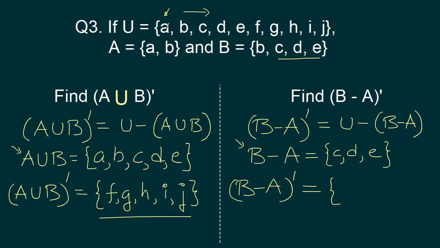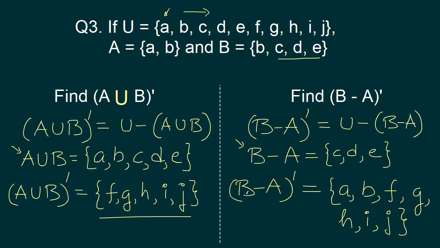So we can write all elements of the universal set except C, D, E. So A, B, we write, C, D, E we skip, and then F, G, H, I, J. So F, G, H, I, and J.